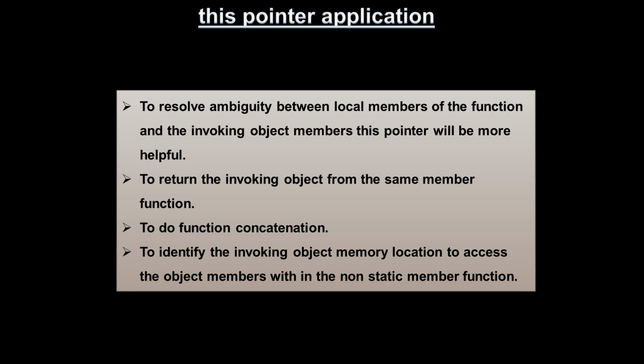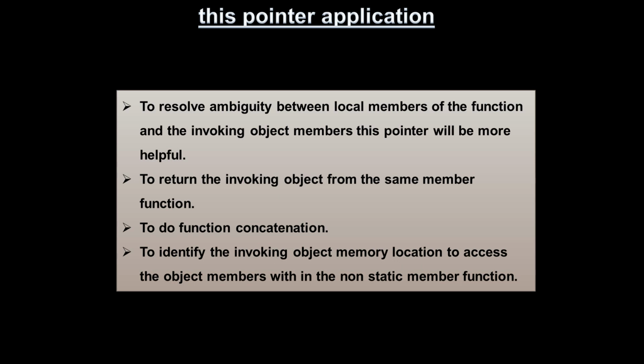To resolve ambiguity between local members of the function and invoking object members, this pointer is helpful. That ambiguity is there: which local members or object members do I have to assign to? To resolve that confusion, we can make use of this pointer. Also, if there is a situation where you want to return the invoking object of the same member function, you can use the this pointer, like return star this, as we have done.